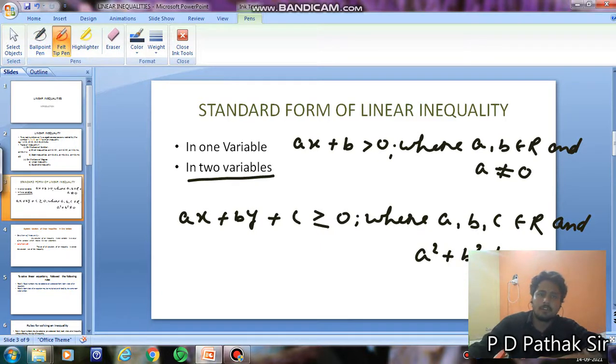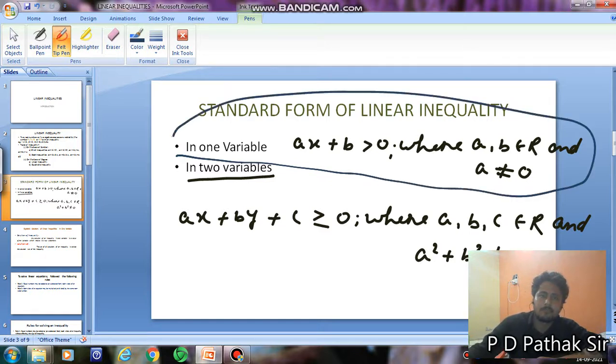So this is linear inequality in one variable, and this is linear inequality in two variables.